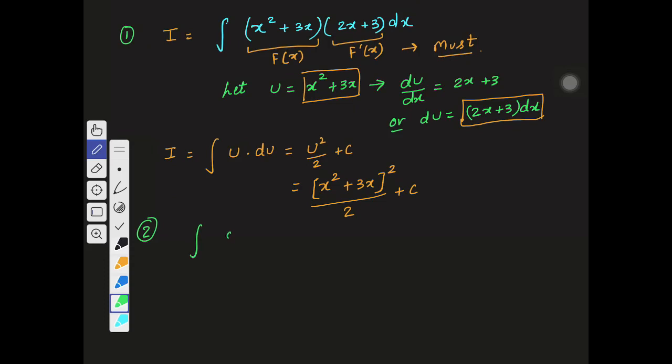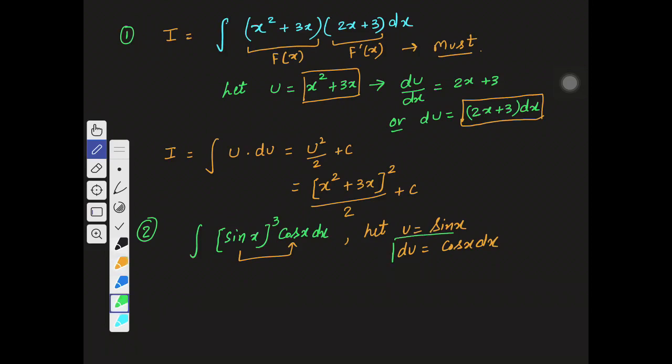So we have, for example, (sin x) to the power 3 times cos x dx. Now it's very clear to see that sin x is the function and cos x is the derivative. So we are going to take u as sin x, therefore du equals cos x dx after rearranging.